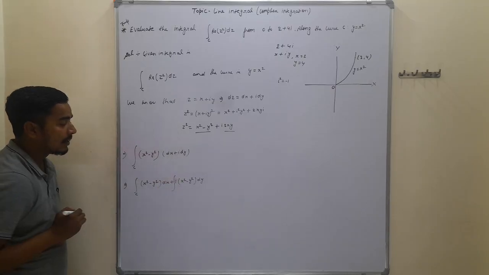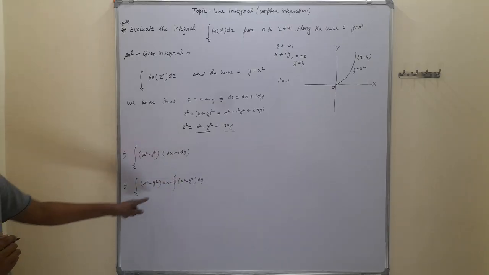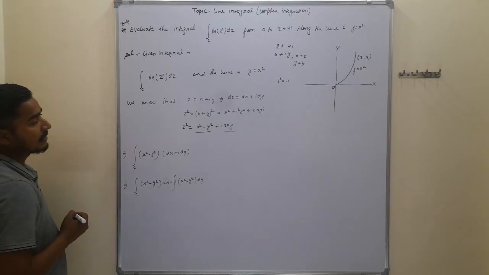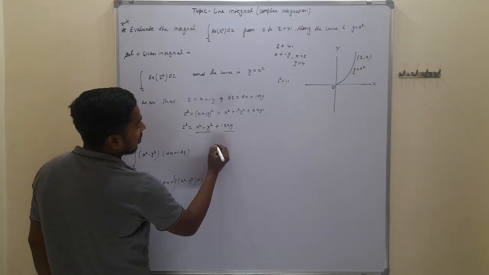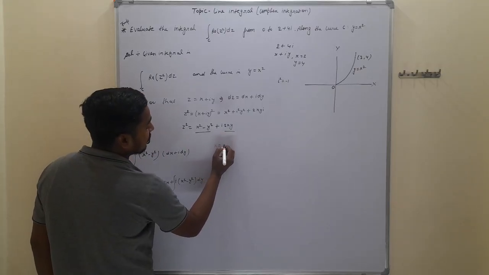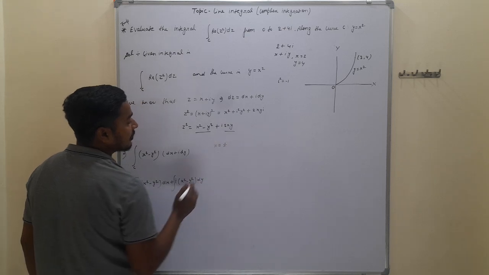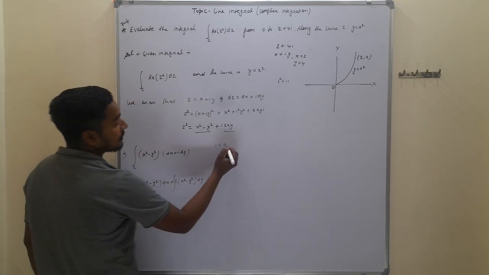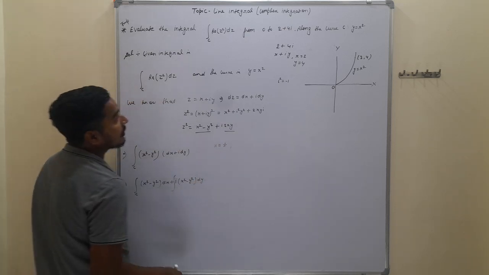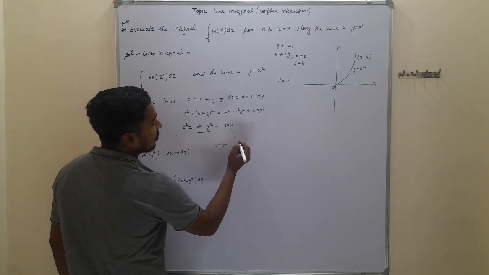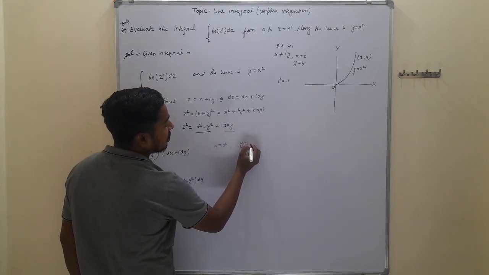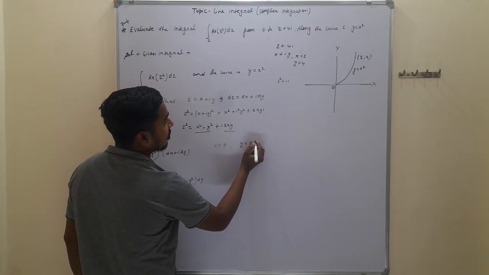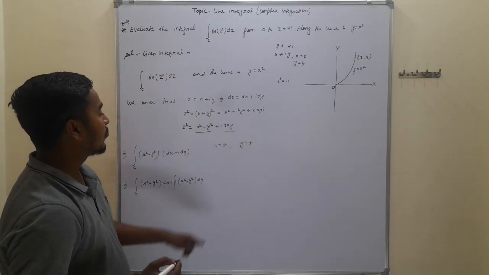And this is also an integral. Further, let us assume x is equal to t, then from the curve we can write y is equal to t square, once again y is equal to x square.